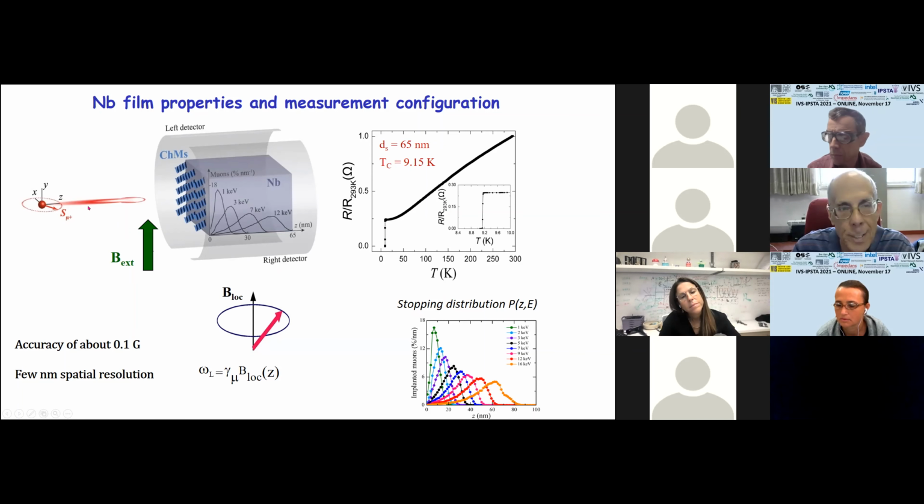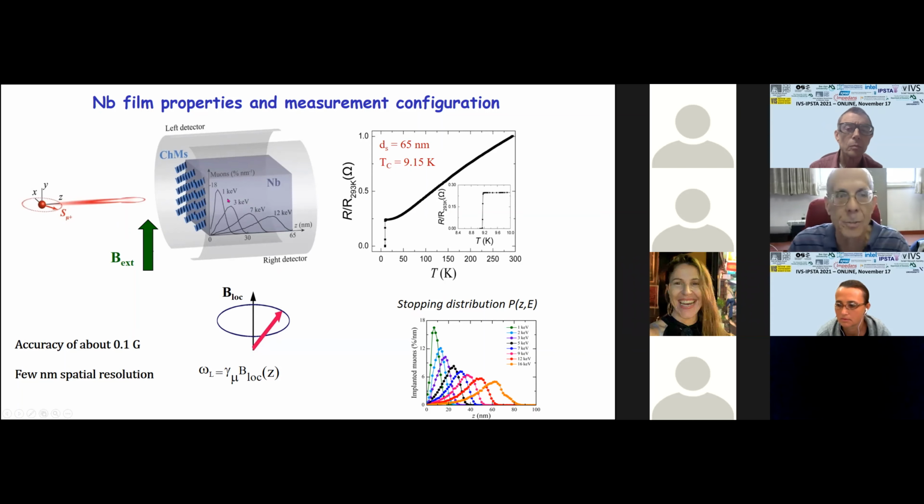The muons are injected with different energies into the niobium, and we can calculate the stopping distribution of these muons. When they penetrate, they start precessing at a low frequency due to the magnetic field. By emitting positrons, we can detect this frequency. The accuracy of this method is 0.1 Gauss, and we have a few nanometer spatial resolution.